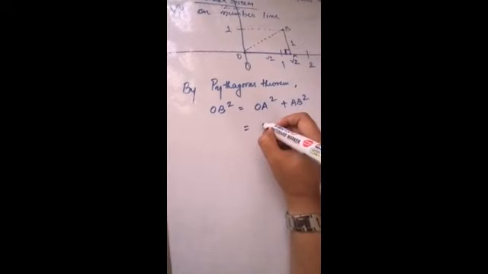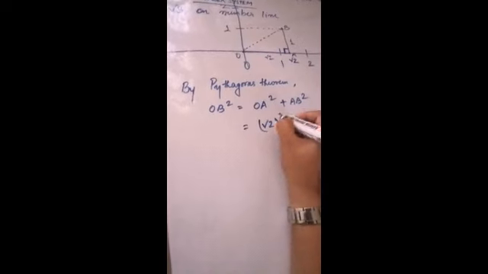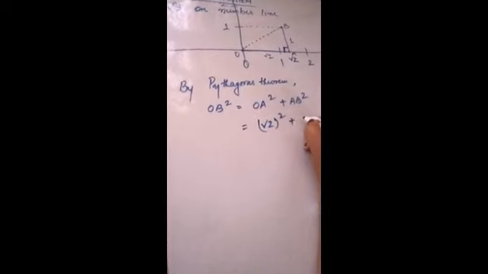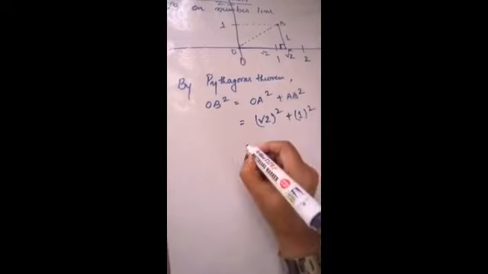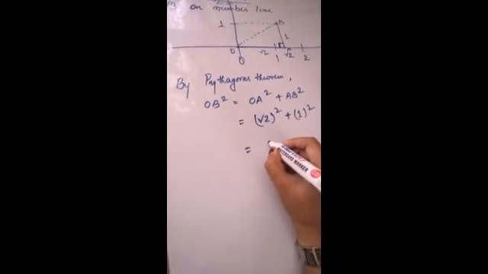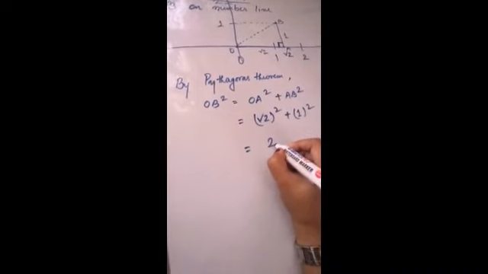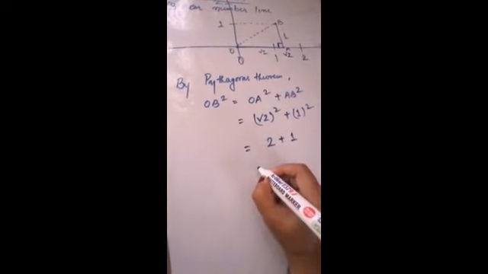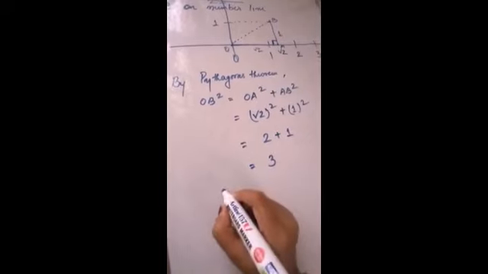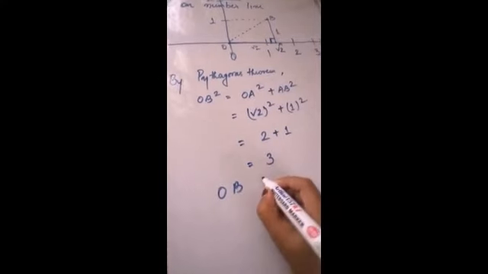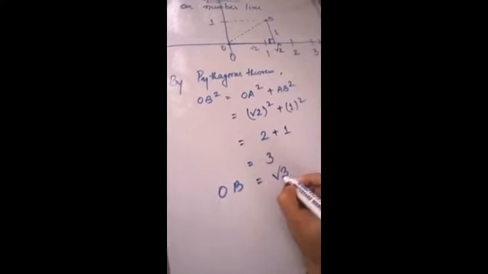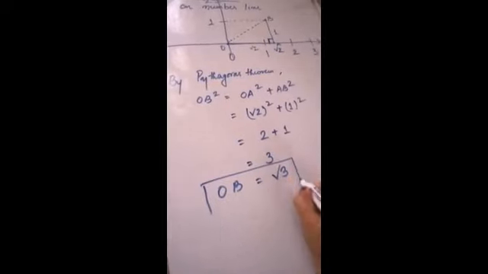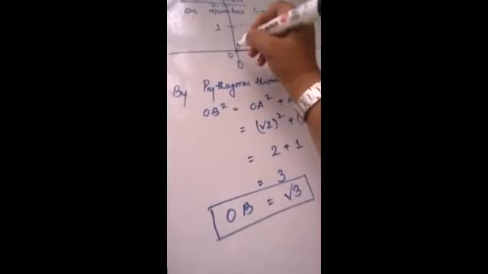OA is root 2 squared plus AB is 1, so 1 squared. Square of root 2 means 2, and square of 1 is 1, so it comes as 3. So what is OB then? OB is root 3.